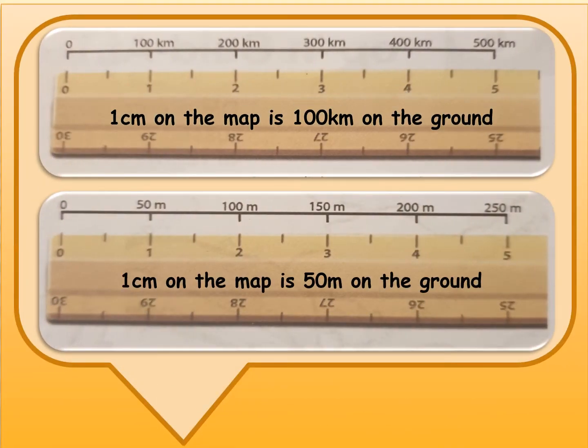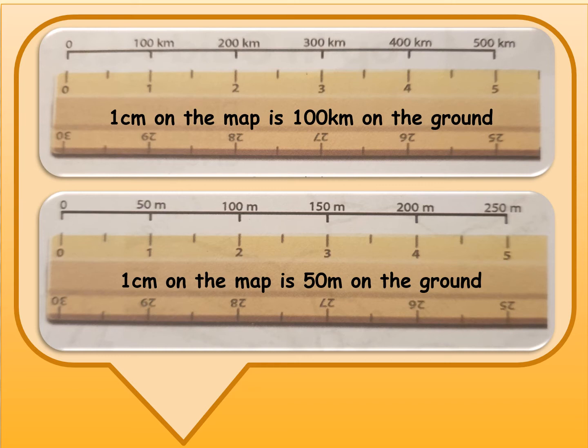Attached, ma'am has given you the distances that you can measure on a ruler. As you can see, the first ruler, 1 centimeter on the map is 100 kilometers on the ground, meaning if we ask you a question, how many kilometers is on the ground, or measure the distance on the ground, then you must use the kilometers. So 1 centimeter is 100 kilometers on the ground.